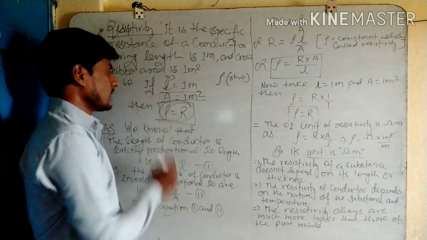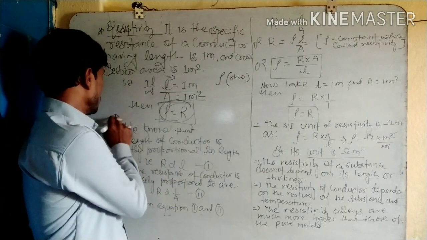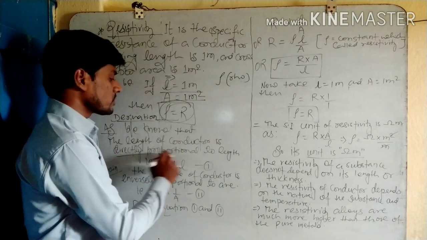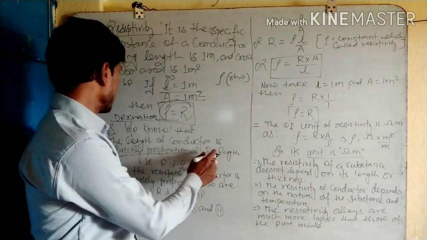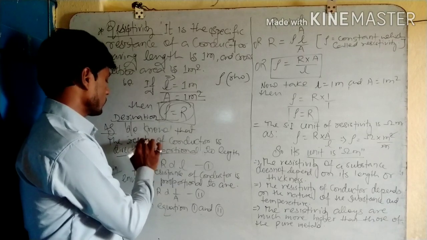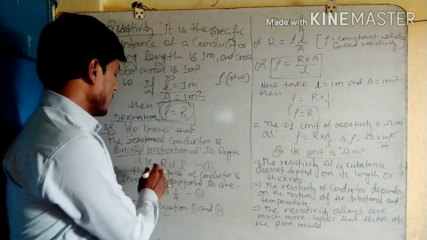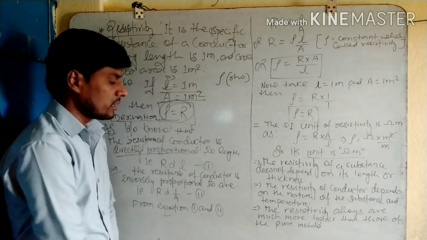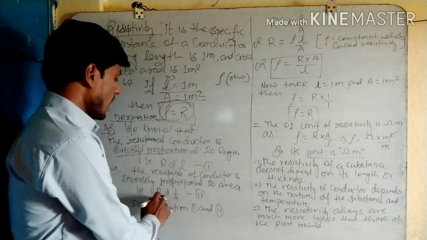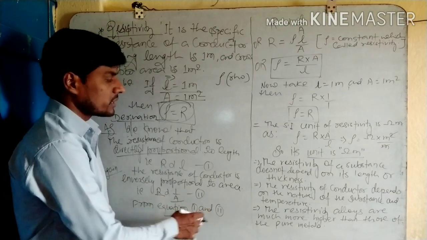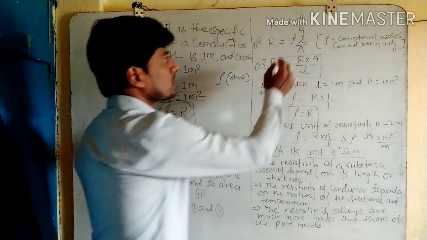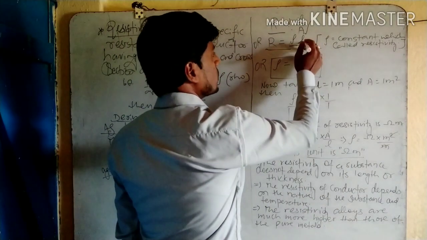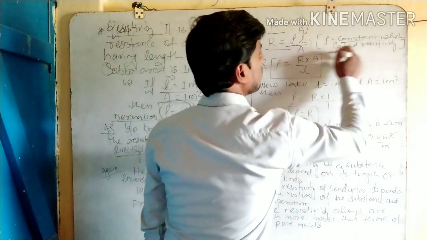Now we see the derivation of resistivity. We know that the resistance of a conductor is directly proportional to length, so R is proportional to L. Similarly, the resistance of a conductor is inversely proportional to cross-section area, that is R is proportional to 1 by A. From equations 1 and 2, when we combine these two, we get R proportional to L by A. When we remove the proportional sign, we get R is equal to rho into L by A. Here rho is a constant, called resistivity.